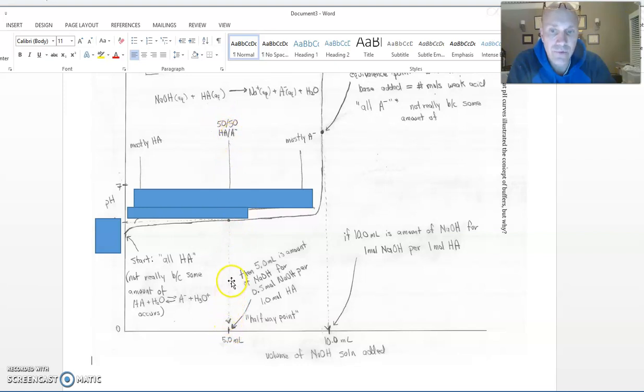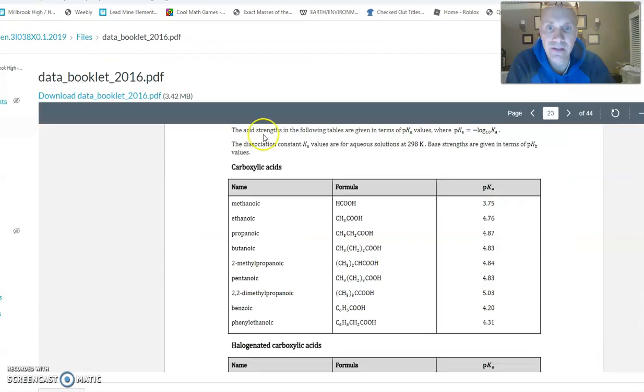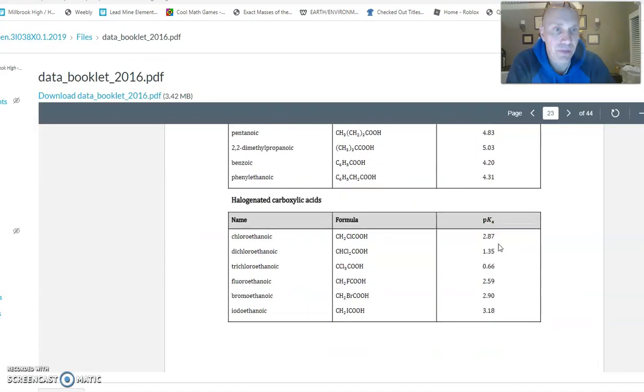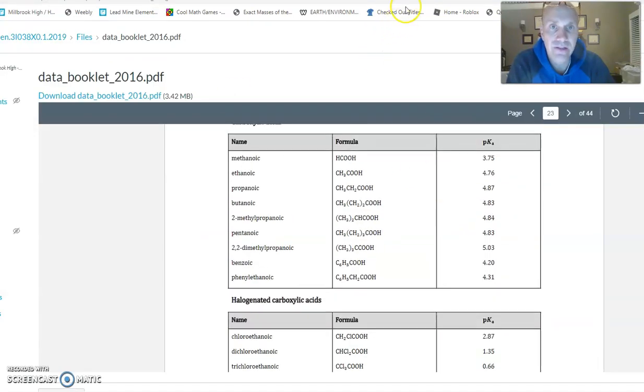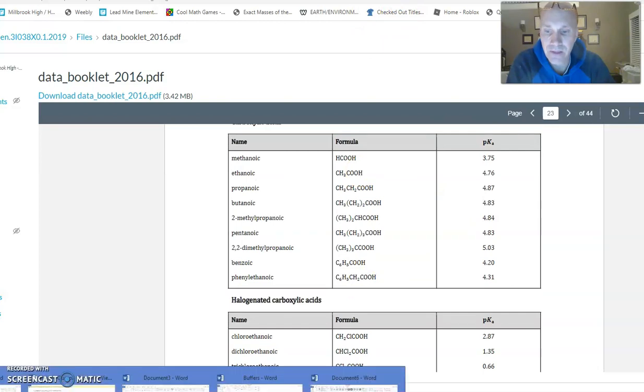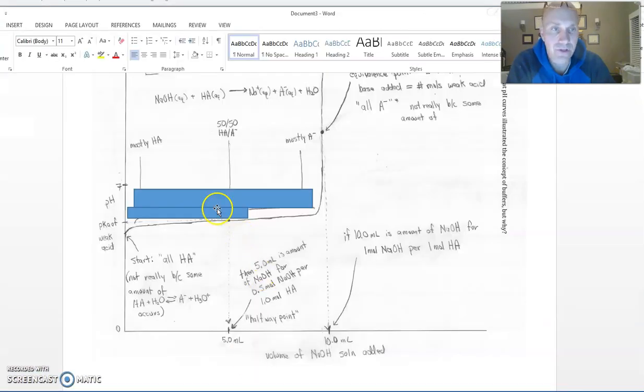Let's go up to that point right there, take that point and go over to the graph right here, and whatever that pH is, that would be the pKa of that weak acid. When you're looking at the data booklet and you're seeing all of these pKa values, this is actually the method that they would use in order to determine that.